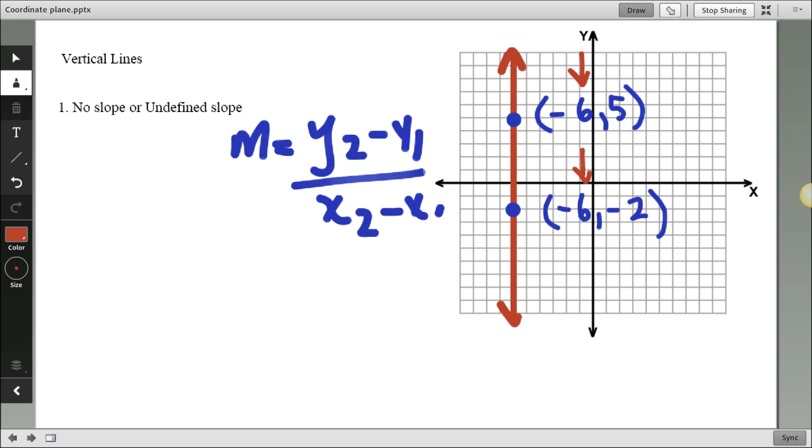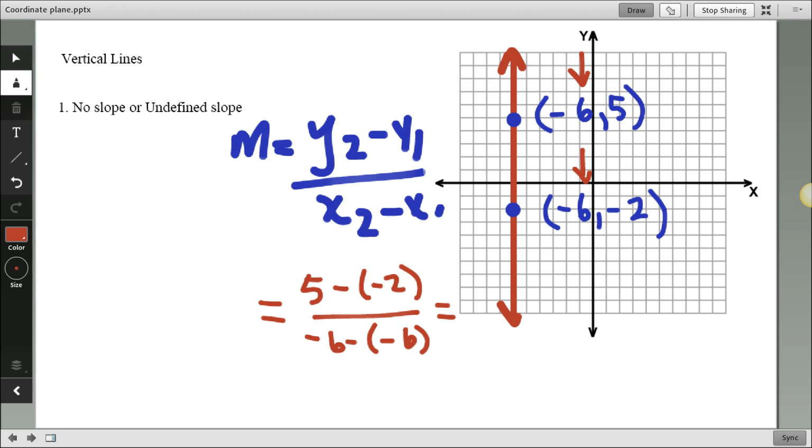So when we do our calculation here, y2 is 5 minus negative 2. The x's, x2 is negative 6 minus negative 6. So in the numerator, we get 5 plus 2, which is 7. In the denominator, we get negative 6 plus positive 6, which is 0.